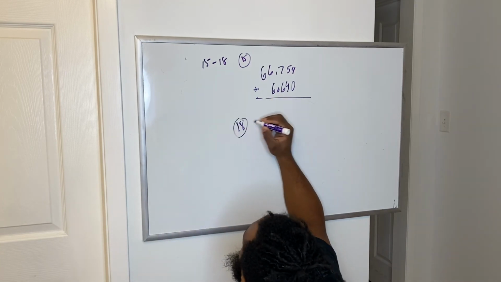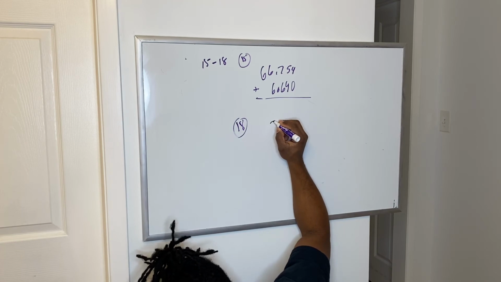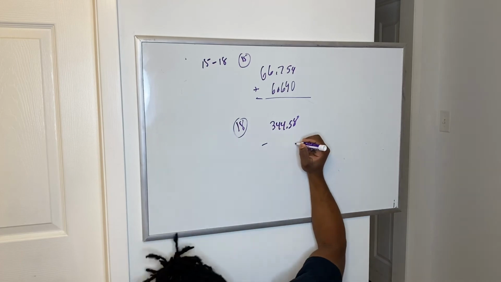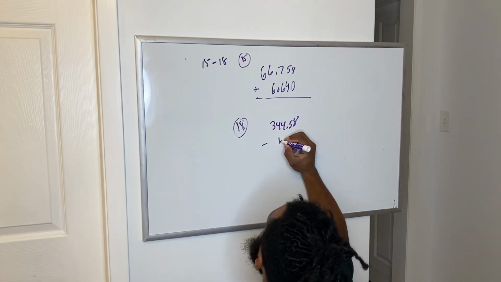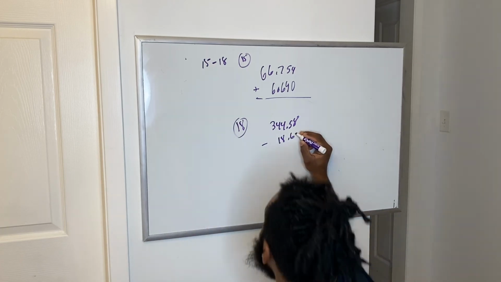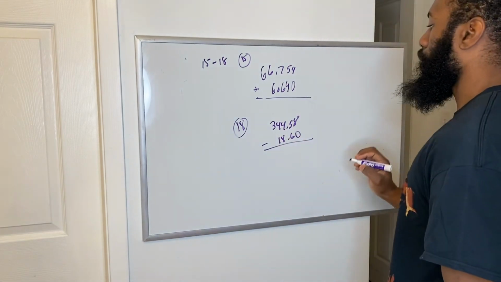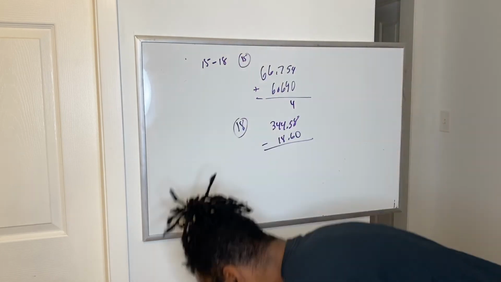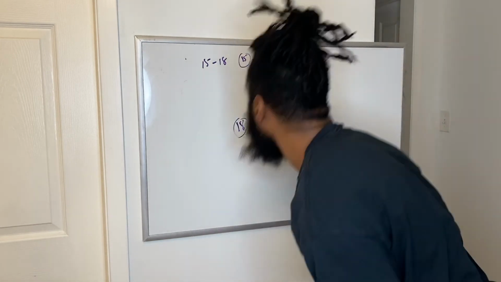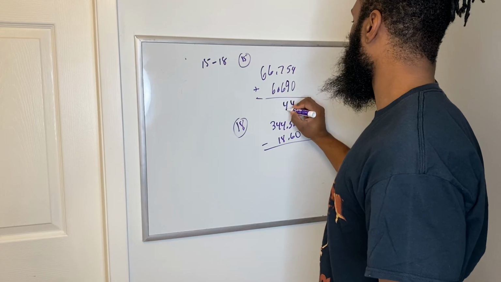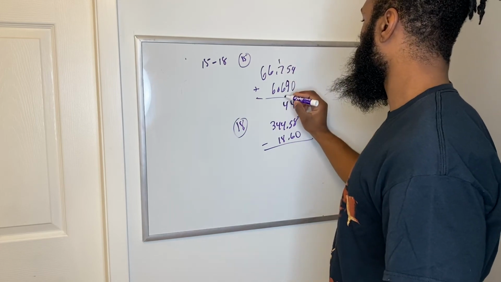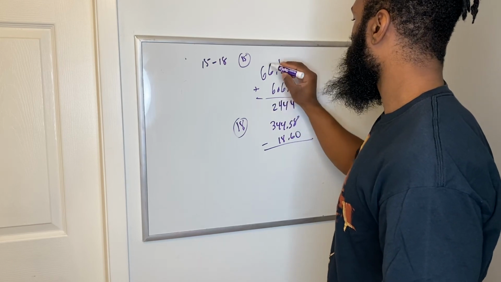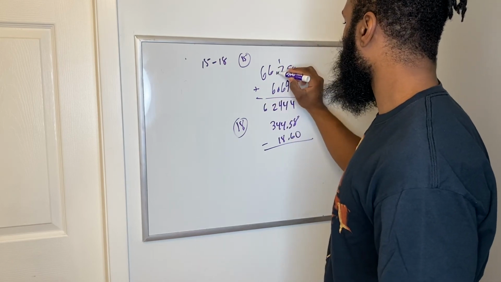18. We got 344.58 minus 18.6. A placeholder goes here. So we got 4. What is that? 6.9? 6.9, yep.